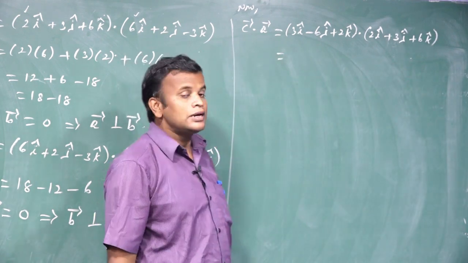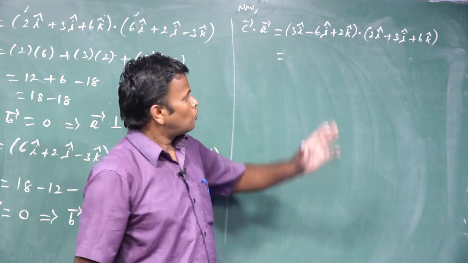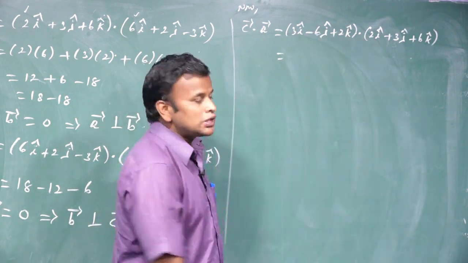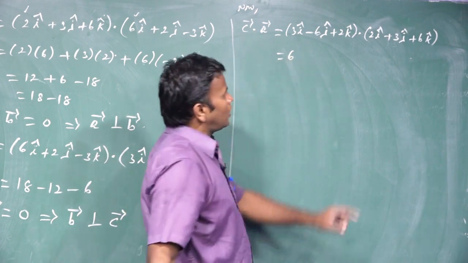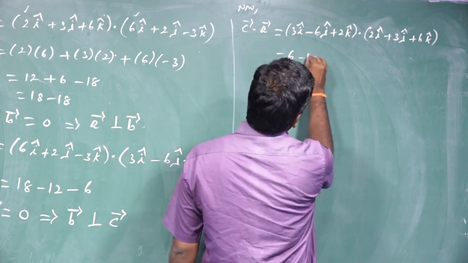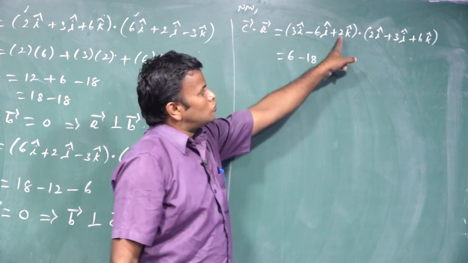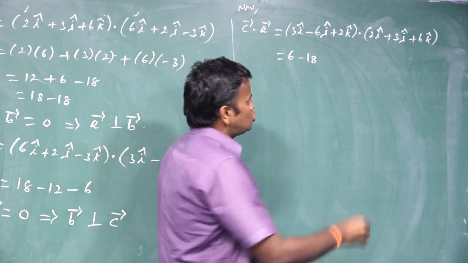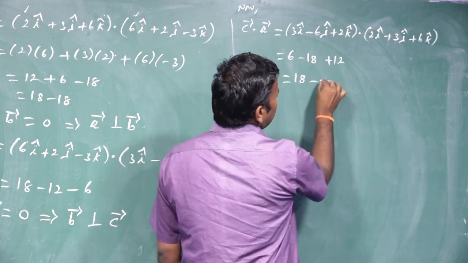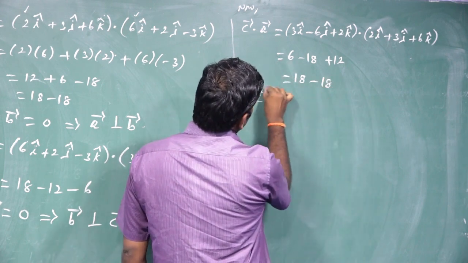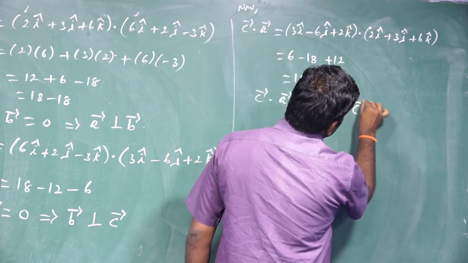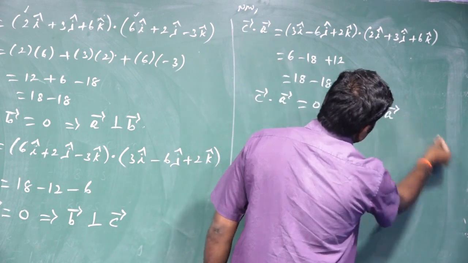Here also we do the same work. We multiply the same coefficients of i, j and k. 3 2s are 6. Minus 6 into 3 is minus 18. 2 6s are 12. So 18 minus 18, c vector dot a vector is equal to 0. That means the c vector is perpendicular to a vector.